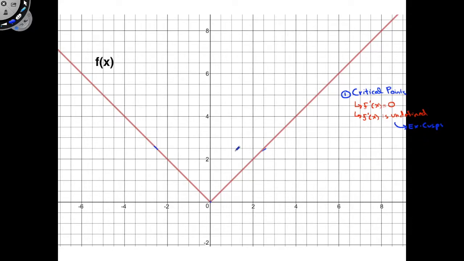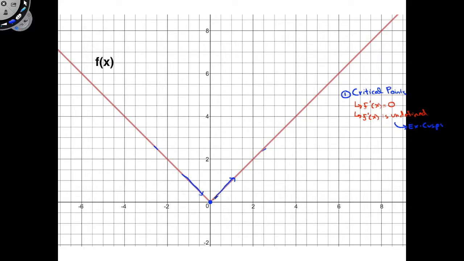We'll eventually learn a more rigorous proof for this, but it's just because when you have a constant slope this way and another constant slope this way, both of them are different, and therefore the derivative here cannot possibly exist, because is it negative 1 or positive 1? You don't know for sure, so you cannot have a derivative at that cusp.